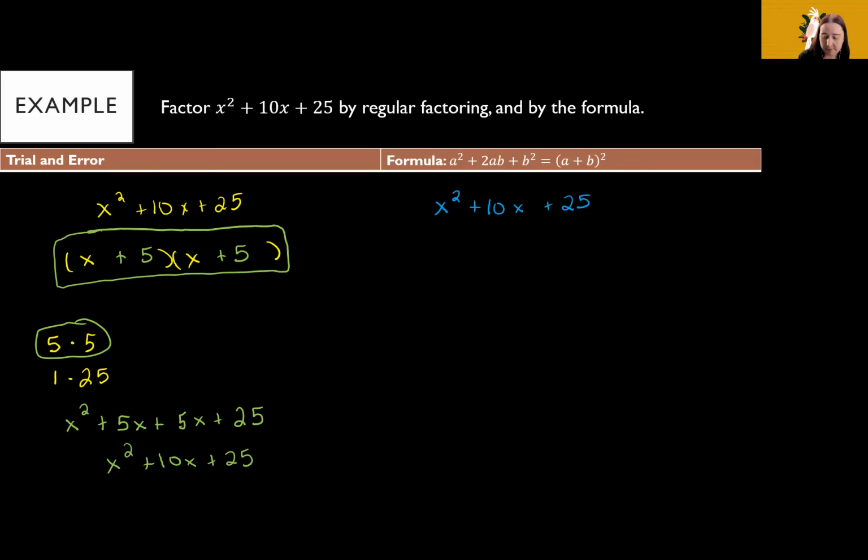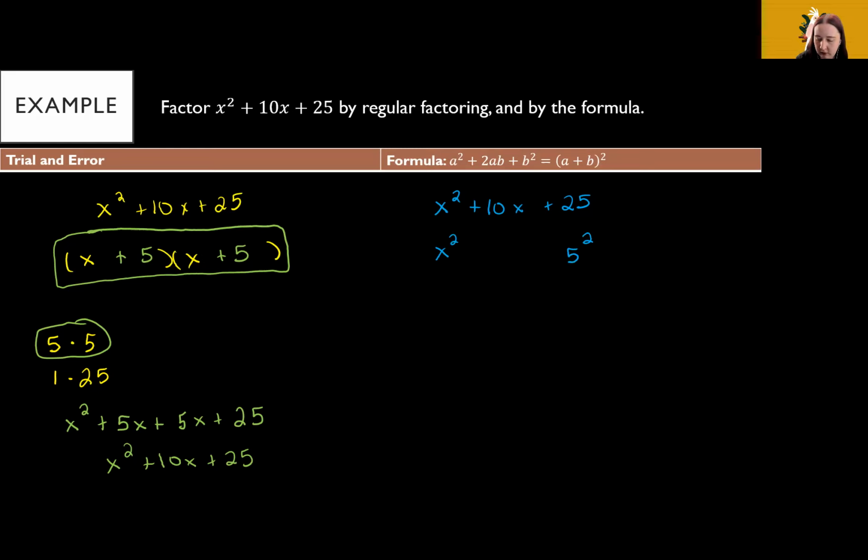Obviously, that's squared. So the first term is squared. The 25 is equal to 5 squared. So I can rewrite that as 5 squared. So the first bullet point, that the first and the last have to be perfect squares, or things you can take the square root of, that's satisfied.